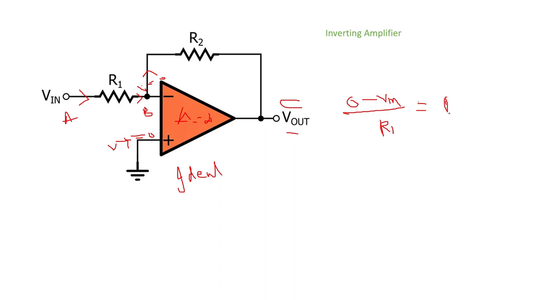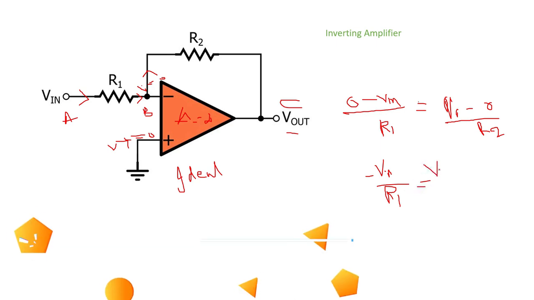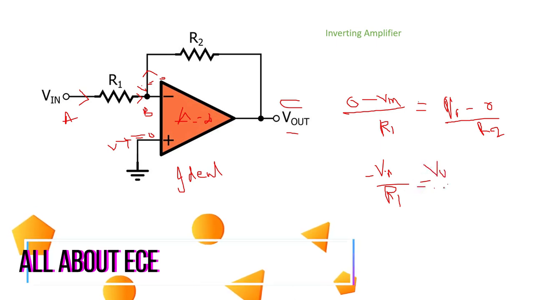Clearly observe: minus V in by R1 is equal to V naught by R2.